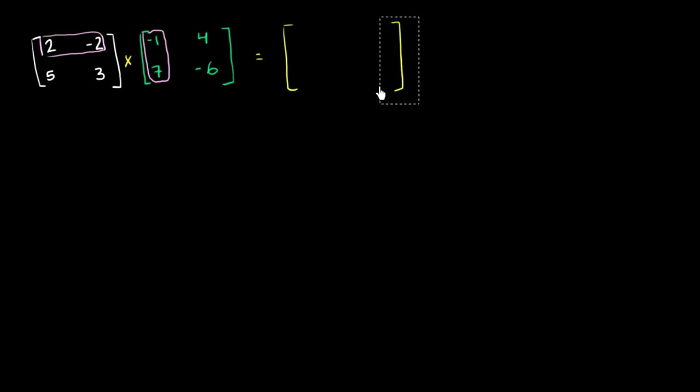Let's get some more real estate here, especially this very first time that we attempt to multiply matrices. So this top left entry is going to be 2 times -1 plus -2 times 7.